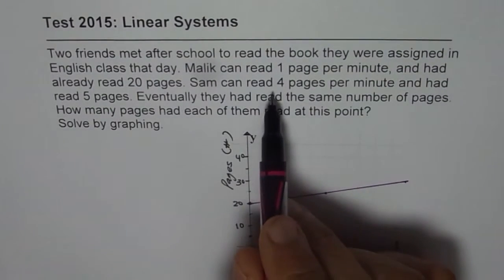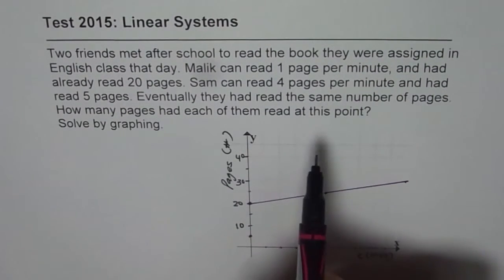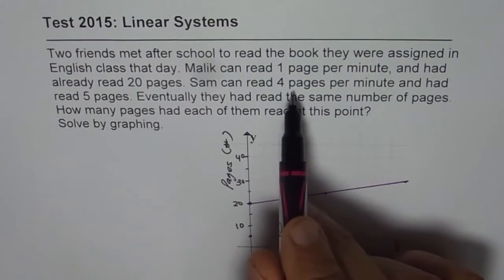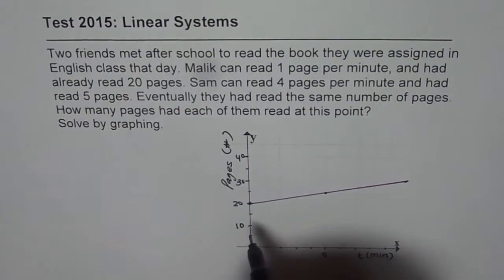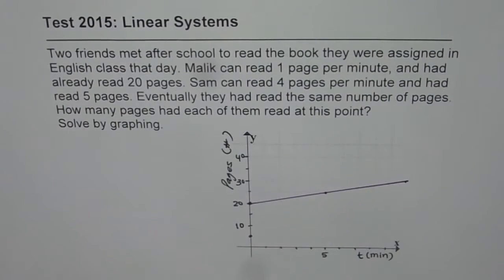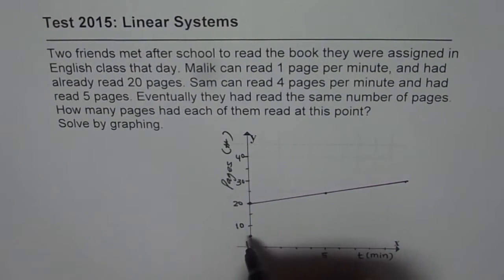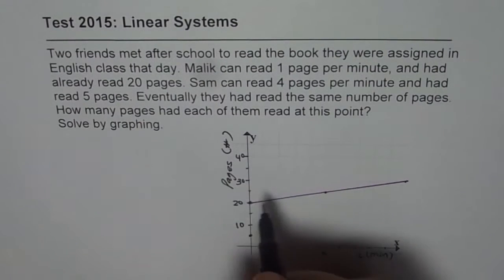Sam can read 4 pages per minute, so 20 pages in 5 minutes, right? So starting with 5, 20 more will make it 25 in 5 minutes.